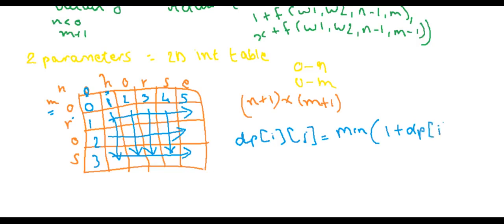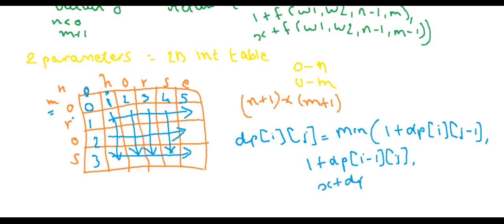So it would be DP of I, J minus 1, plus 1, and delete, which is DP of I minus 1, J, plus 1, and replace, which would be X plus DP of I minus 1, J minus 1. That's it. And our answer will be here in the last cell. This cell will have our answer.